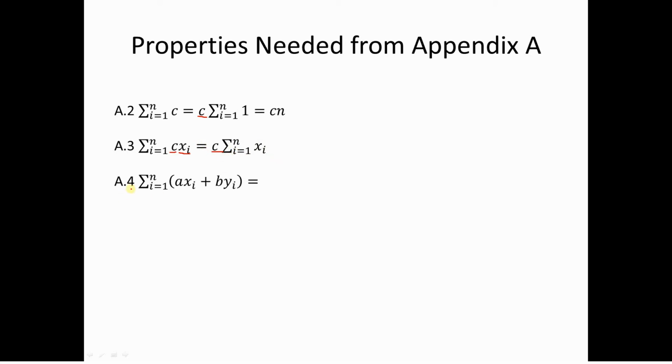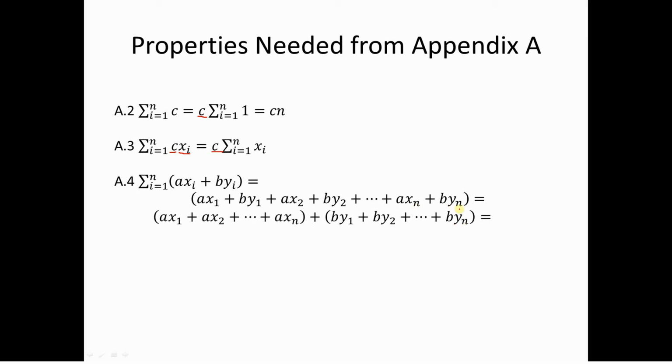Property A.4 tells us that our summation operator is a linear operator, and we can apply it to each term. If we expand out that expression and write out each single term all the way until the nth term, we can break this apart and rewrite it in terms of the x's, and also in terms of the y's.